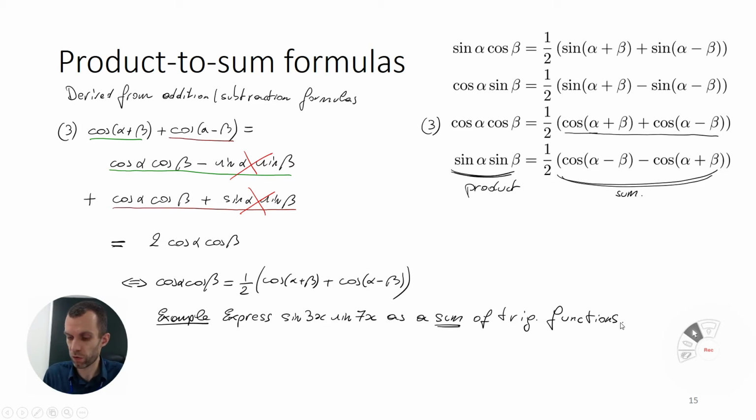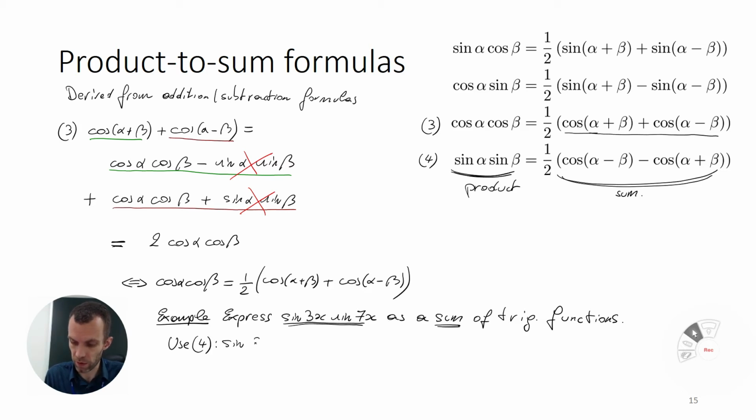And of course, for that I can use my product to sum formulas. In particular, I have sine times sine. So for that, I'm going to have to use my 4th formula. So use formula number 4.